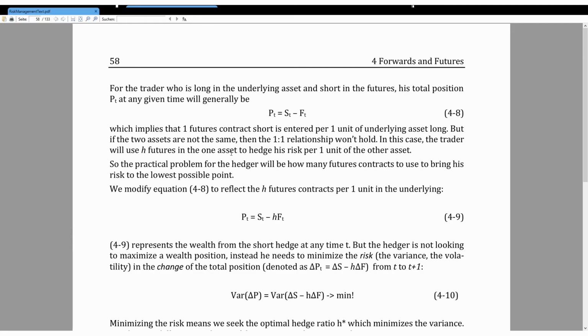But these assets are not the same, so the one-to-one relationship is nothing that we should assume. So let's include a variable h, which is the number of futures contracts per one unit in the underlying. So we change the equation a little bit.